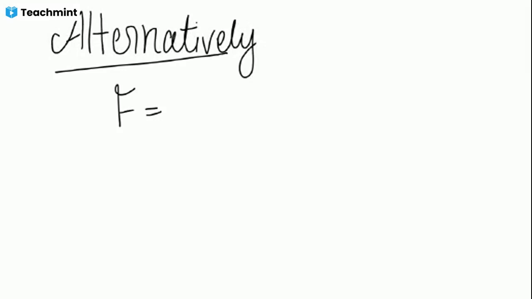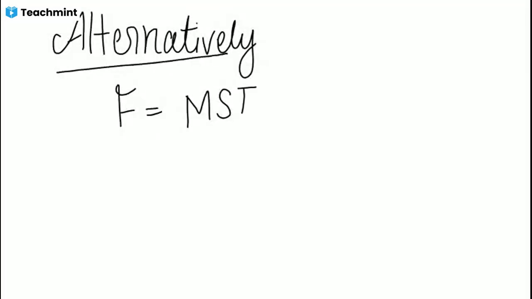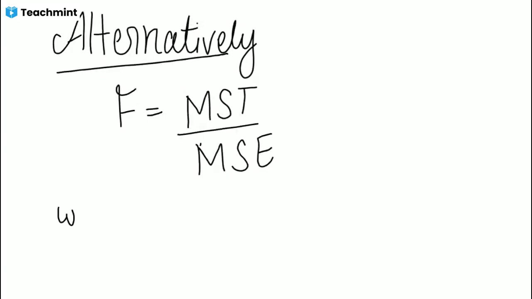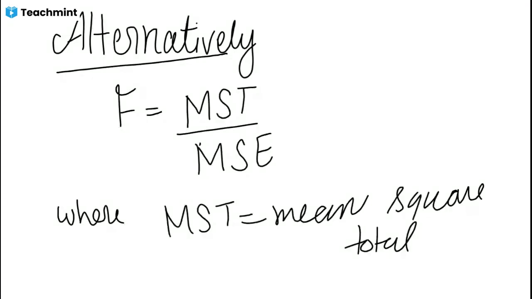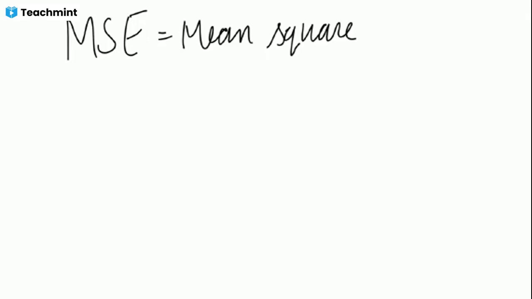F we can find by using this formula also: MST, mean square total, or MSE, mean square error, where MST you know very well, mean square total, and MSE is mean square error. And SSE we can find by using this formula.